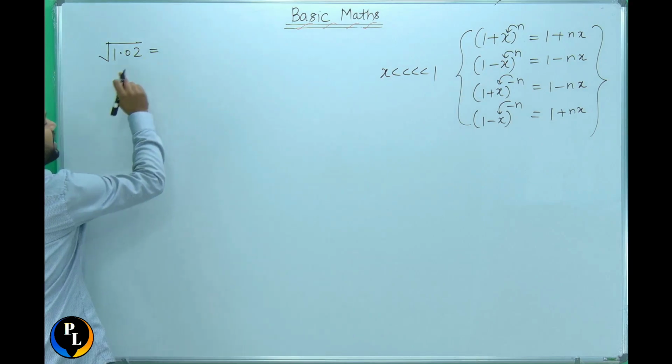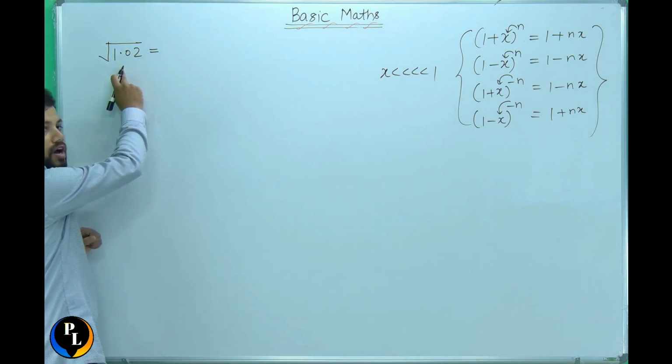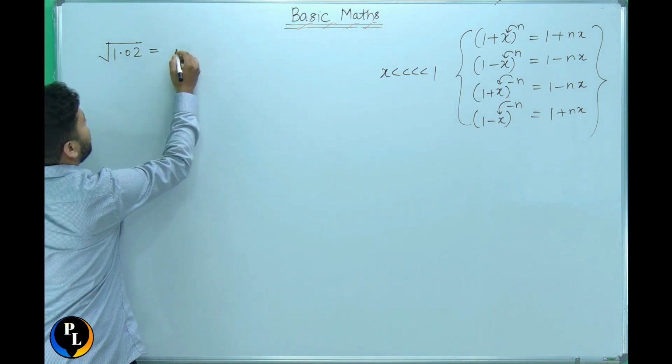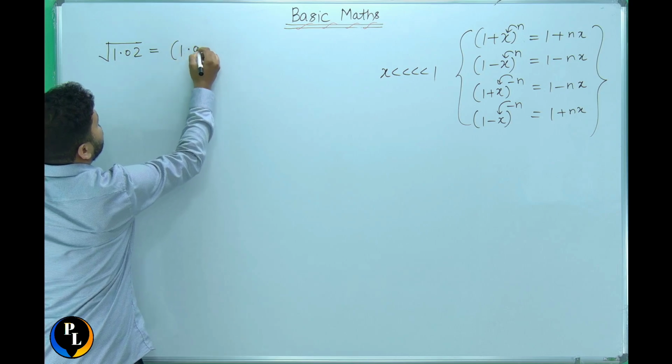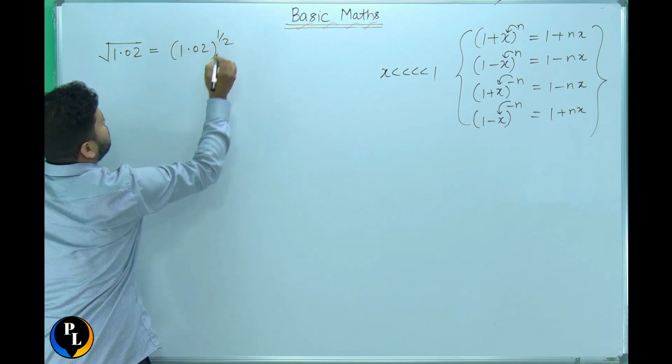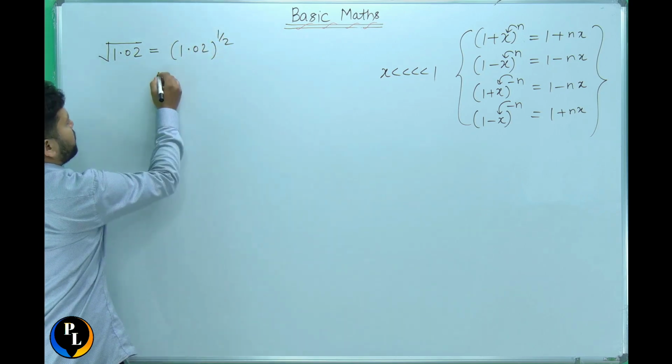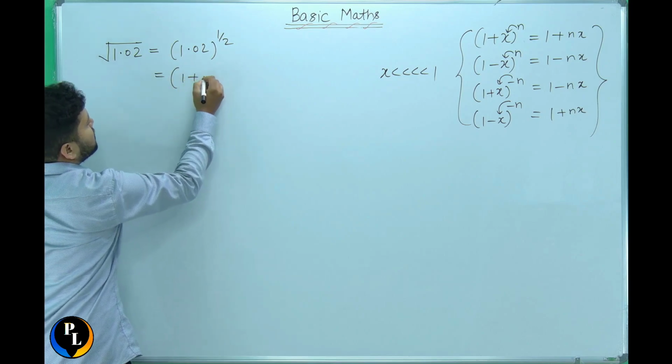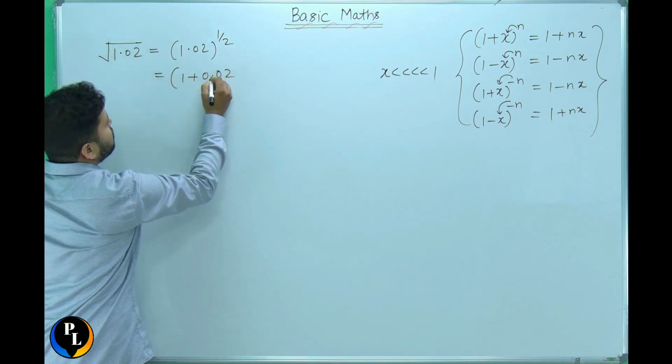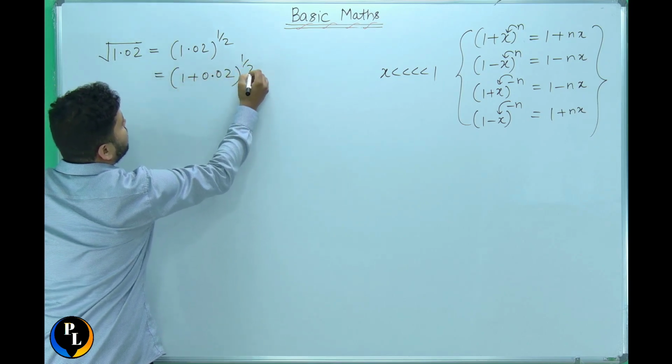Dear students, we can write the square root of 1.02 as 1.02 power 1 by 2. Now we can expand this further: (1 plus 0.02) power 1 by 2.